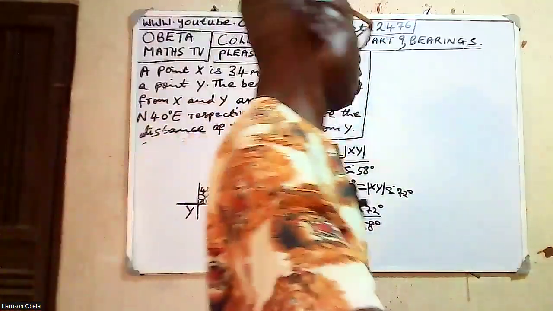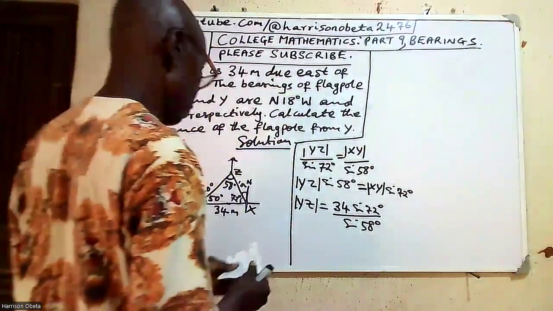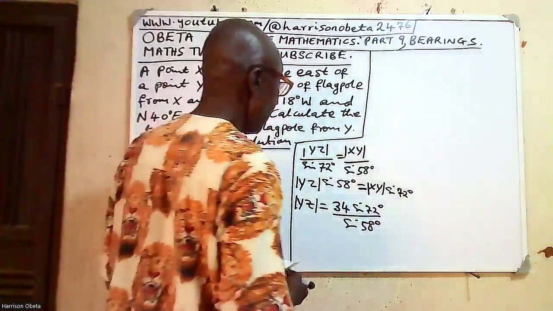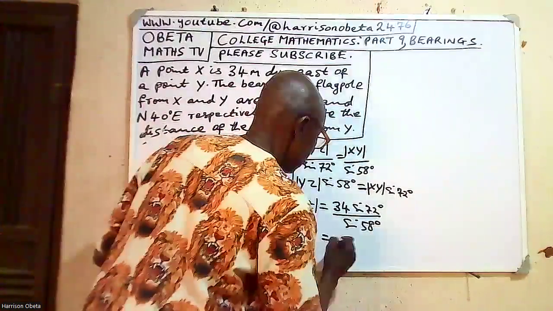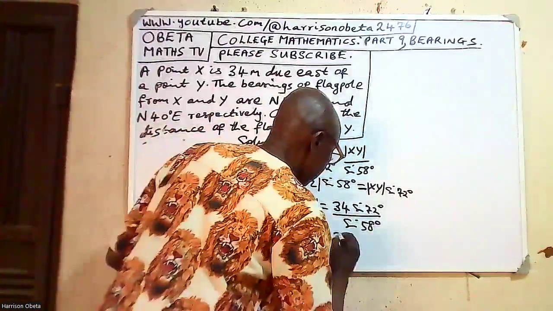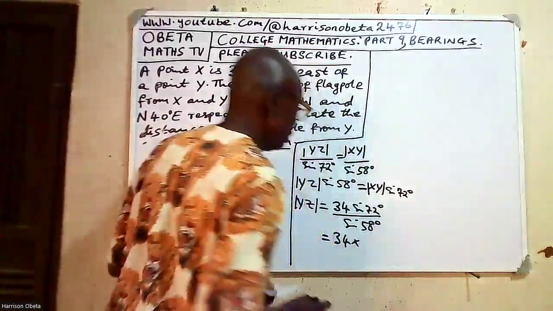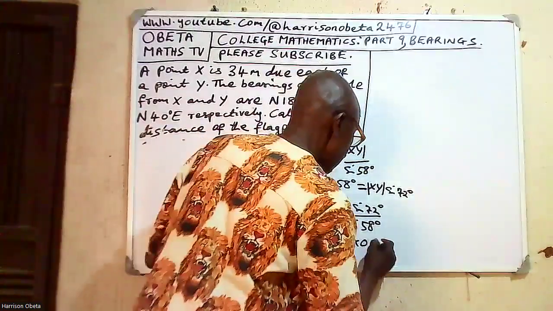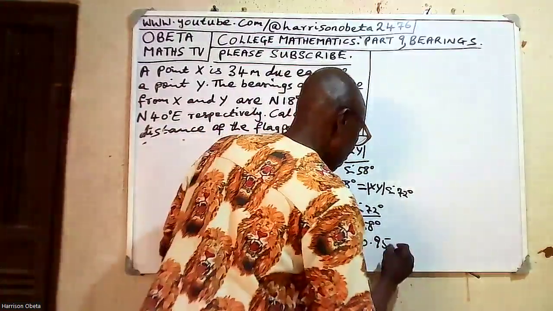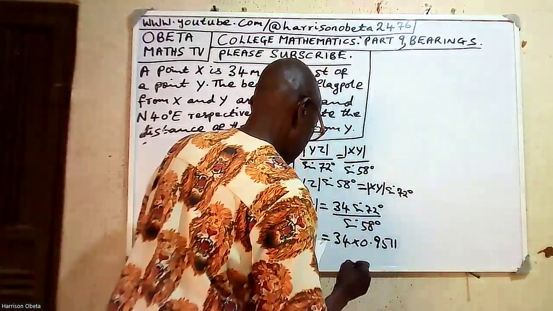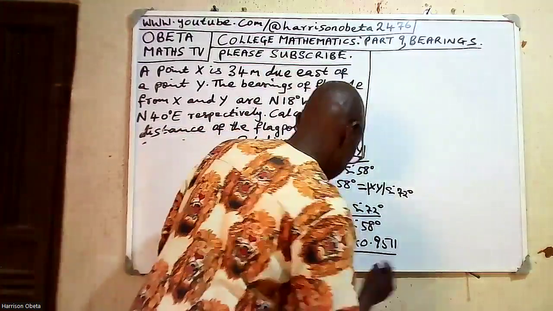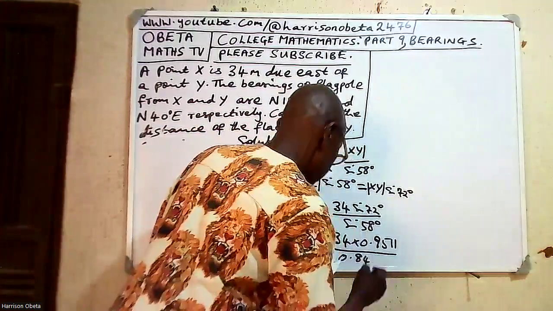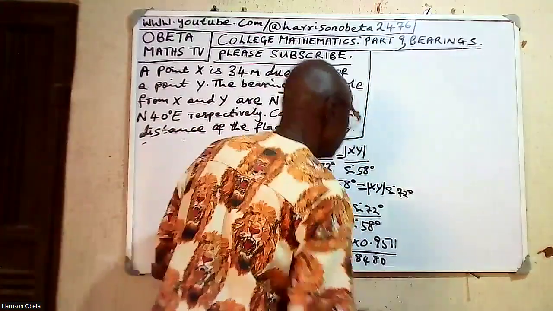So we move on by checking our tables or calculator. We have 34 times sine 72, which is 0.9511, all over 0.8480.